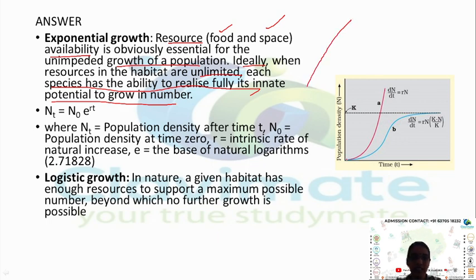See this curve. This is exponential. The J-shaped curve is exponential growth. You have to write this definition, and the equation for exponential growth is Nt = N0 e^(rt), where Nt is the population density after time t, and N0 is the initial population density.